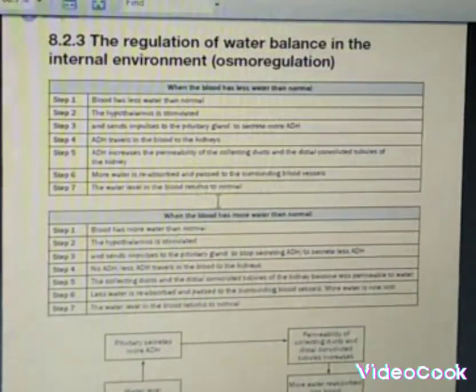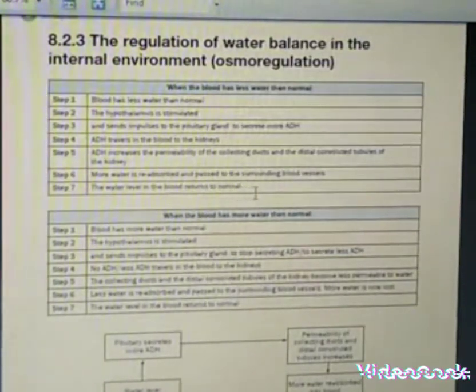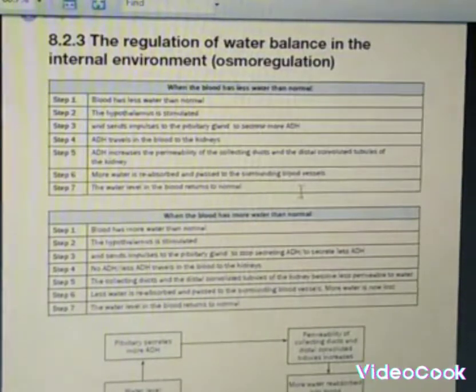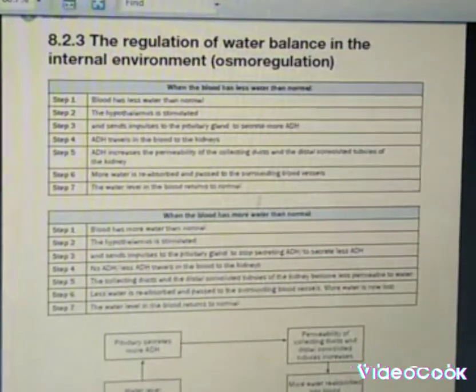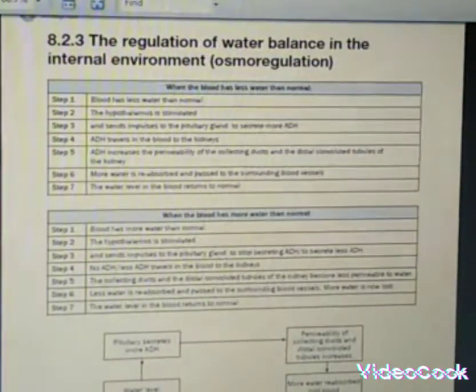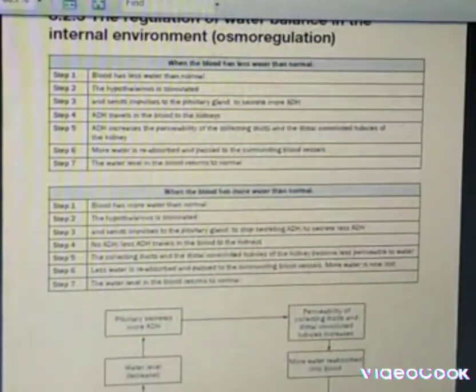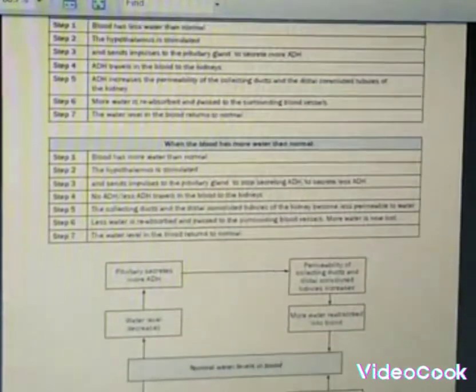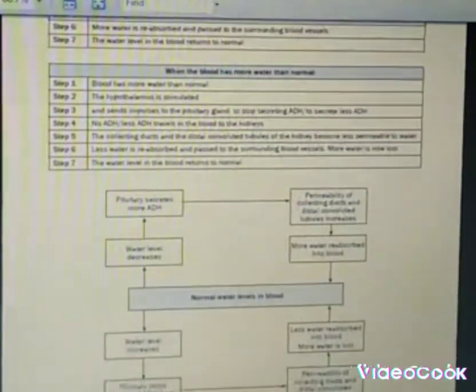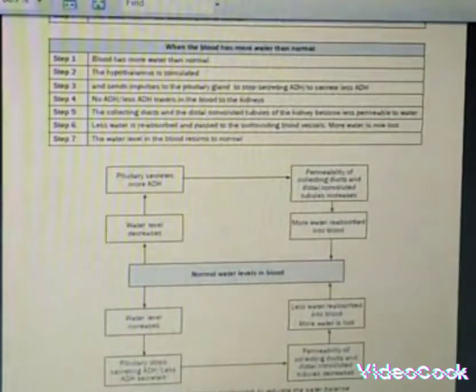So at the end of the day, there will be more reabsorption of water, and this water is then passed to the surrounding blood vessels, right? And the water level in the blood then returns to normal. You will urinate a more concentrated urine because we have reabsorbed more water into the system, right?